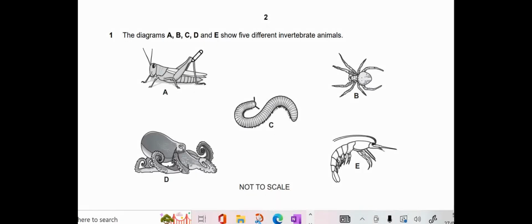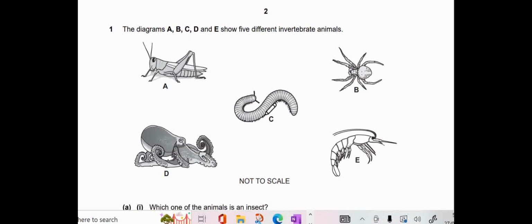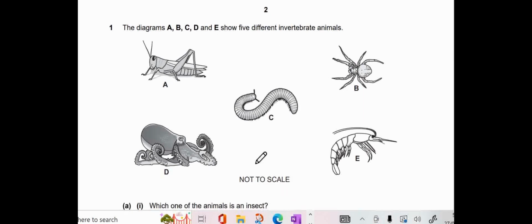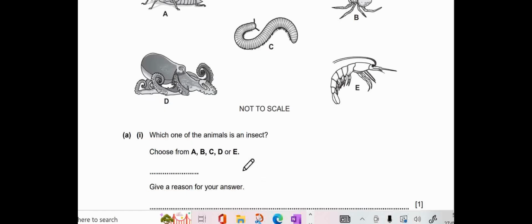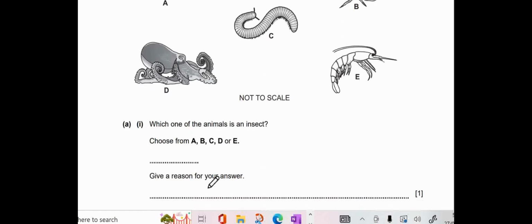This is question 1. The diagrams A, B, C, D, and E show 5 different invertebrate animals. Question 1a. Which one of the animals is an insect? Choose from A, B, C, D, or E and give a reason for your answer.